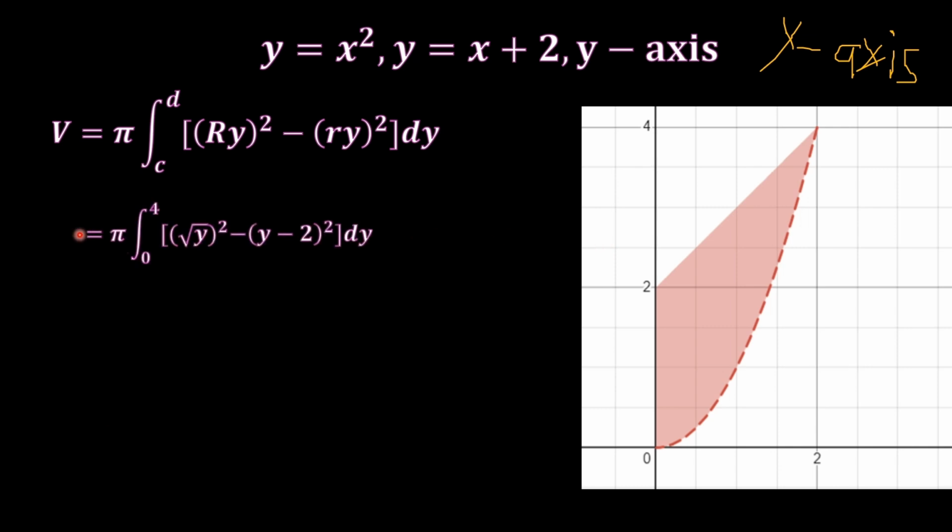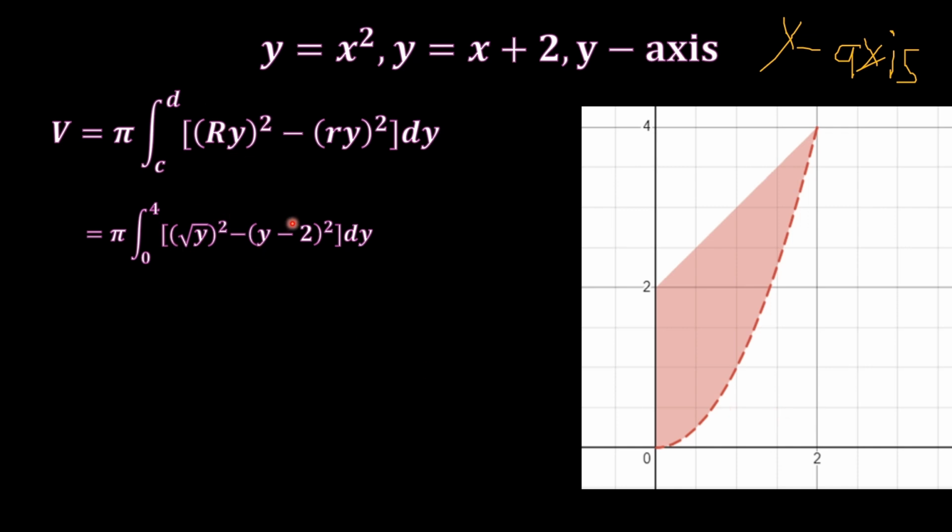Then, 0 to 4. Now, we will be finding the outermost radius in terms of y. Since we're doing it with respect to the y-axis, the outermost function would be x squared, or square root of y in terms of y.